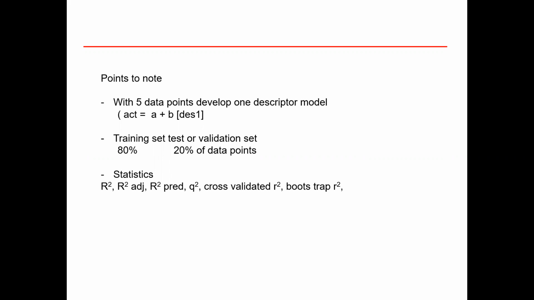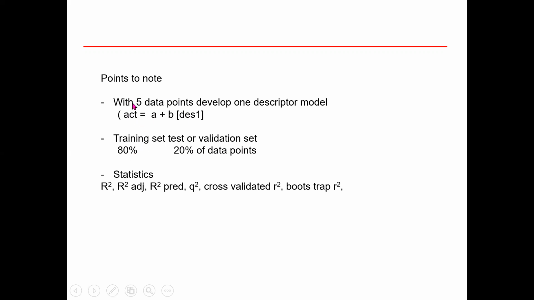If you have 10 data points, fit a model with 8 data points. Five data points means it's only 4 data points actually, because one is used as a test set. So with 10 data points, it's like 8 data points.